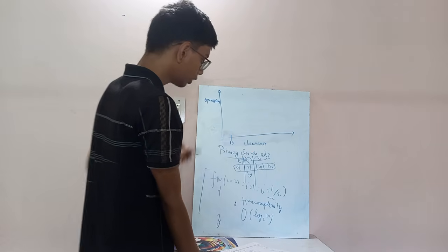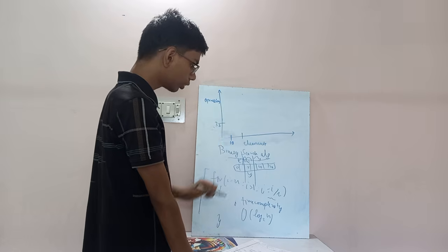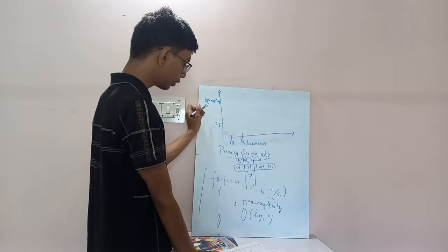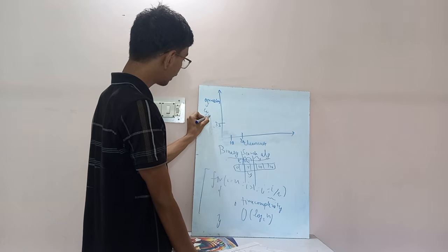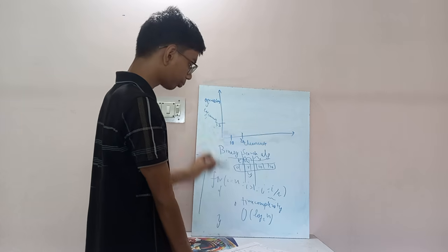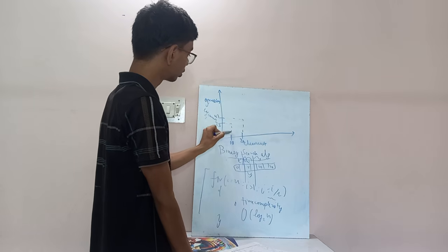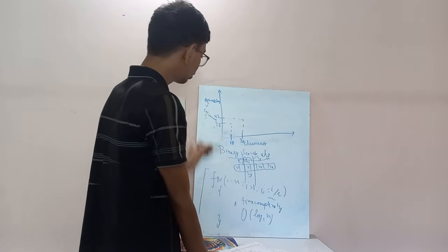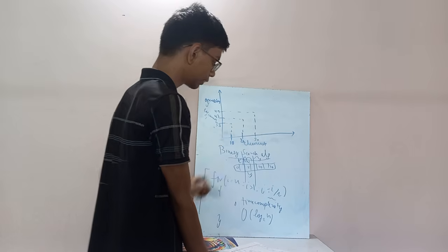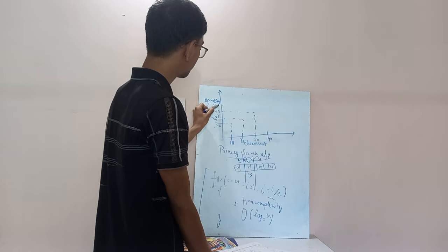Suppose for 10 elements, my value of log 10 base 2 will be 3.3. For 20 elements, log 20 base 2 will be 4.3. And for 30 elements, it will be 4.9, something here. And for 40 elements, it will be 5.3.